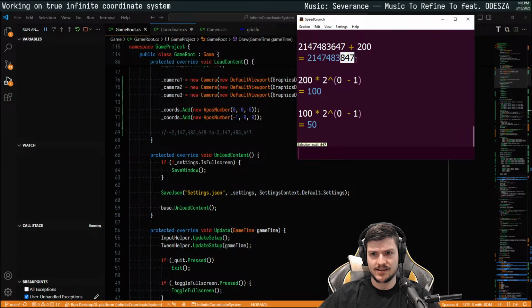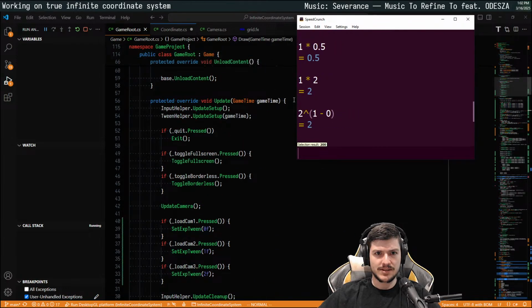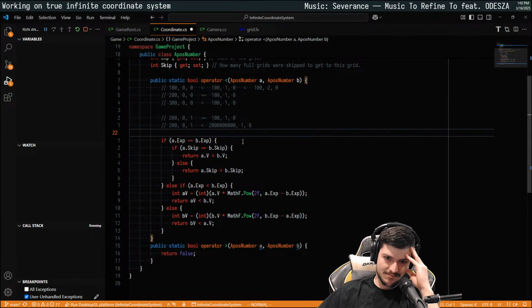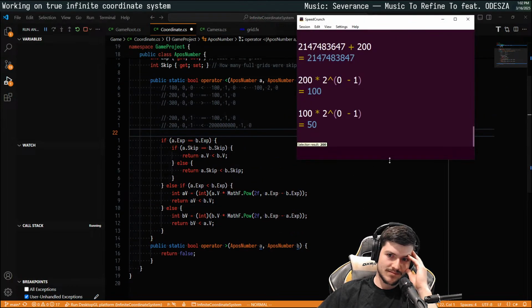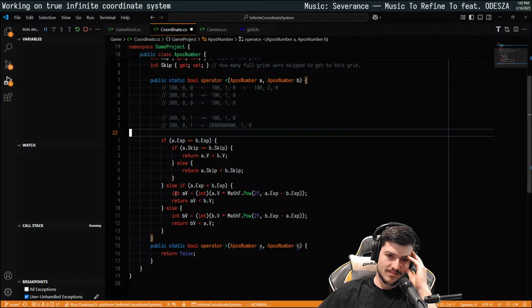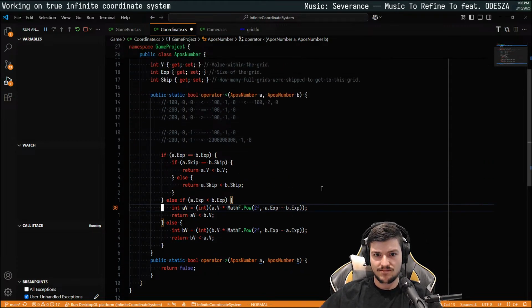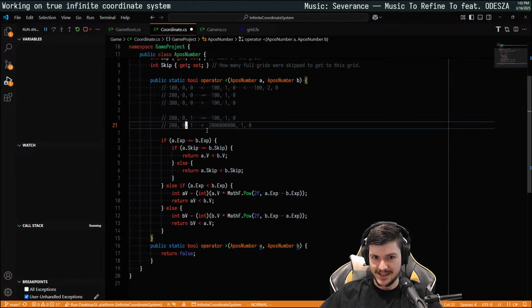It's above the int. This should be like way easier. I guess I'm... It's not really a hard problem to solve. It's just I can't wrap my mind around it.